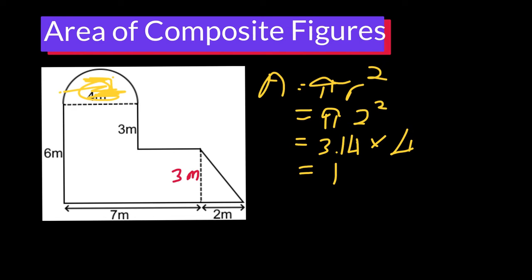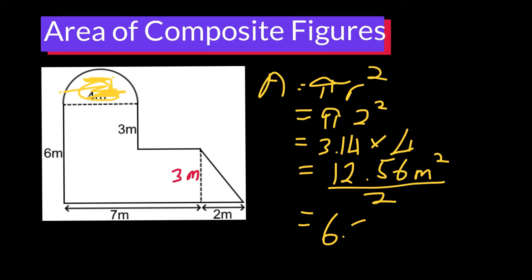A is equal to 12.56 square meters. However, that would be the area of a circle, and this is only the area of a half circle, so we're going to divide that by 2, and it gives us an area of 6.28 square meters. I'm actually going to write that up here so we can remember it for later.